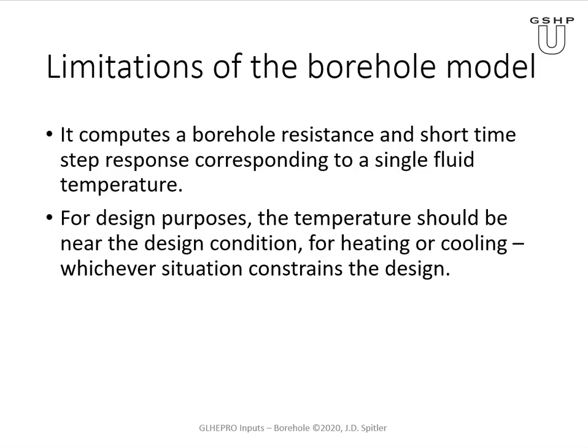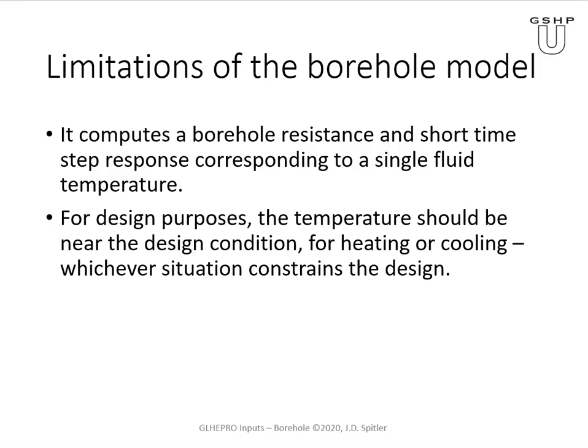And this means that if you have a ground heat exchanger where you don't know if the size is going to be constrained by the maximum temperature or the minimum temperature, sometimes we don't know in advance, right, you're going to have to take a guess and choose a fluid temperature that will correspond to whichever design temperature is constraining the design.